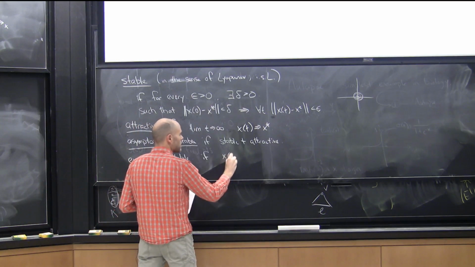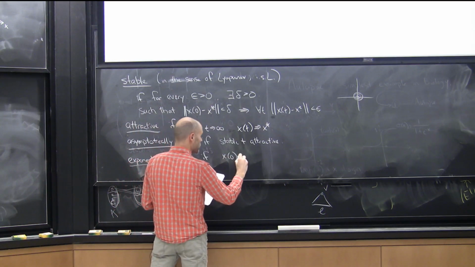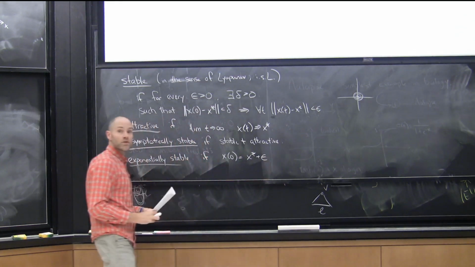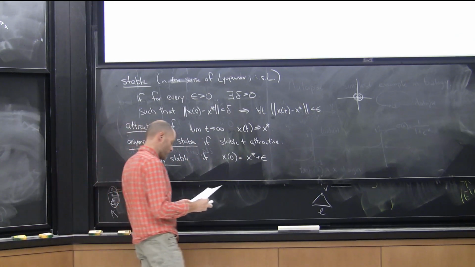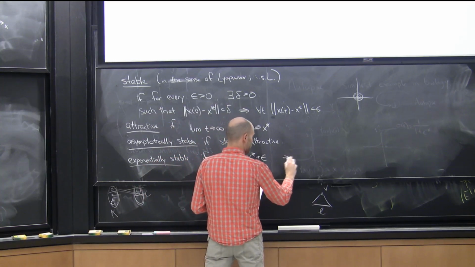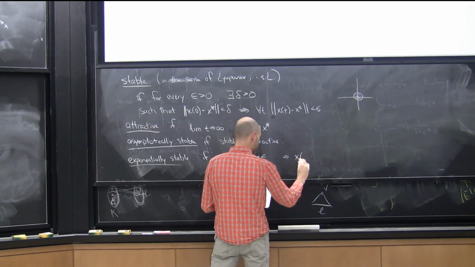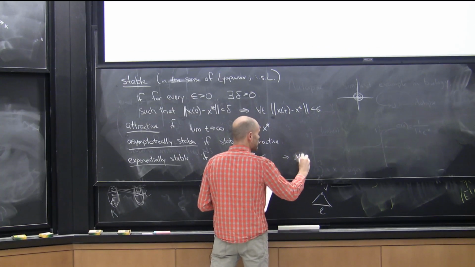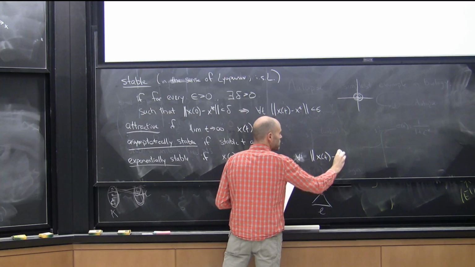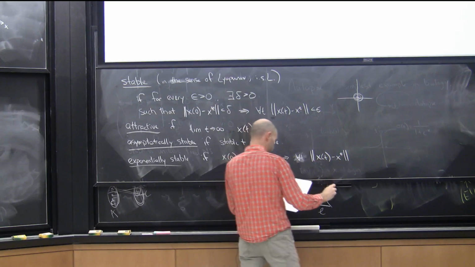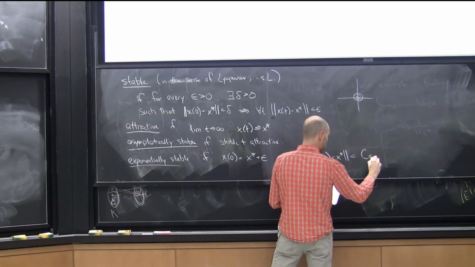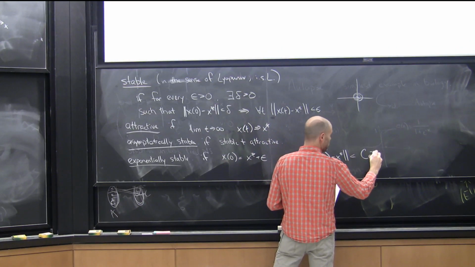If x0 is just some perturbation away from the original, then I'd like to say that for all t, the distance between x of t and my fixed point is bounded by some e to the negative alpha t.